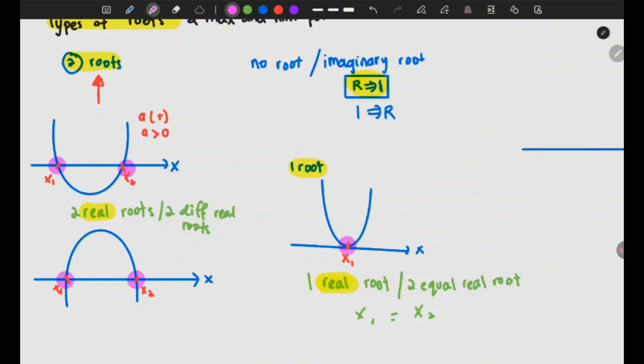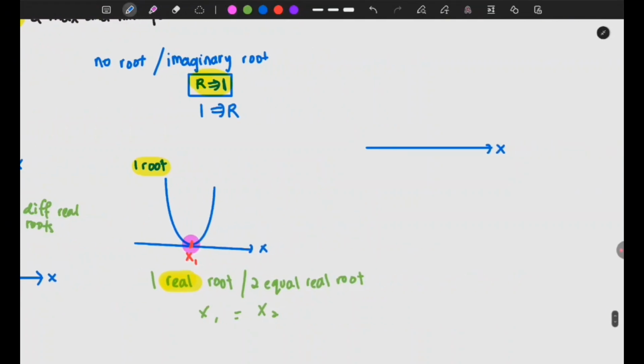If no root means it didn't intersect at the x-axis, isn't it? So how does the graph look like? It will be a little bit higher or it can be lower than that. It depends on the equation. So that means you can see that it didn't touch the x-axis at all. There is no touching.